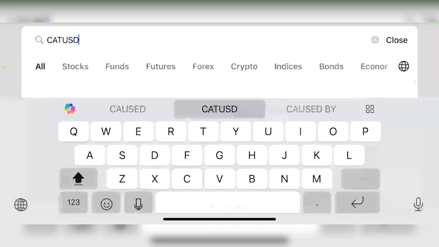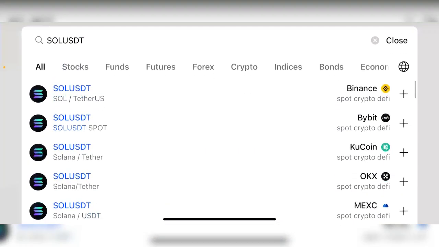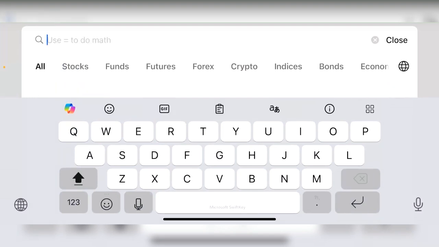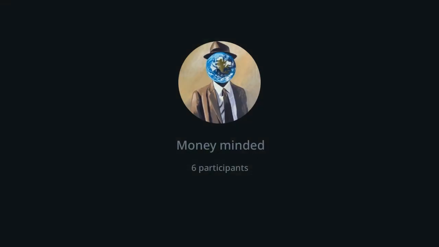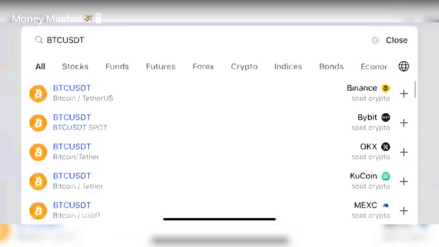Solana USDT, you'll find it there. BTC USDT, and you'll find it there.